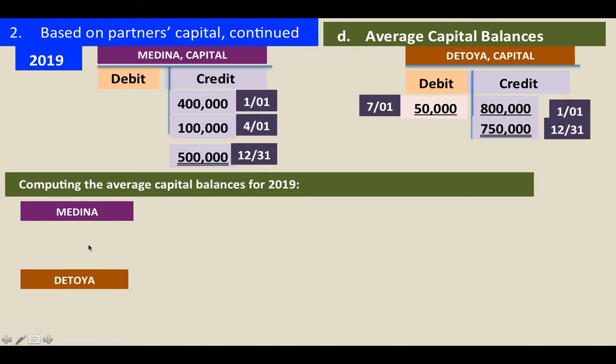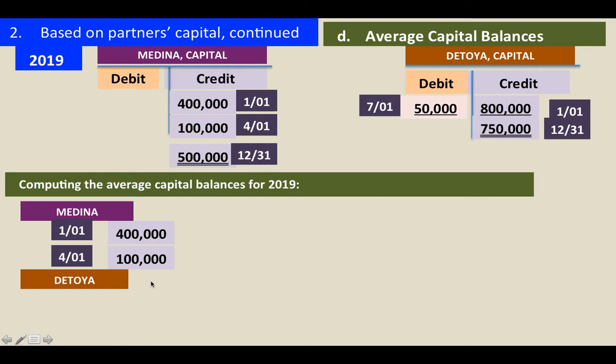So here, let us have first the beginning capital on January 1st. How much is the balance? For Medina, Medina has 400,000 on January 1st. Okay? And then on April 1st, there is an additional 100,000.